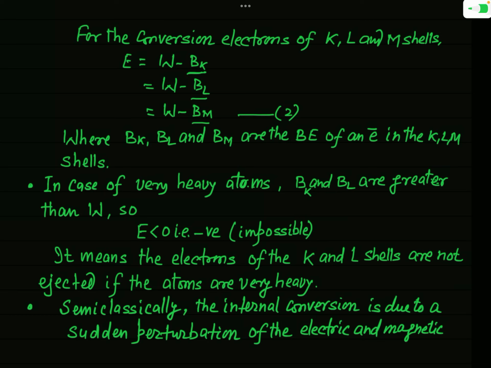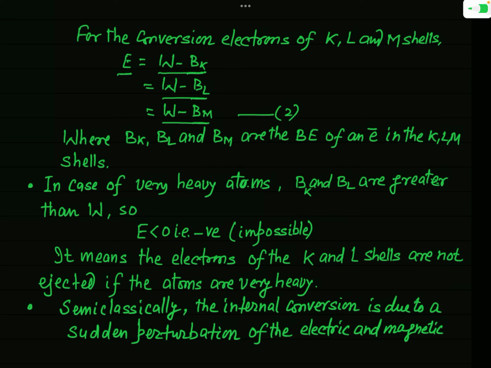If the ejection takes place from the K cell, then the kinetic energy E will be equal to W minus Bk. If the electron of the L cell is ejected after internal conversion, then the kinetic energy of that electron will be equal to W minus Bl. And similarly, if the ejection takes place from the M cell, then the kinetic energy will be W minus Bm.